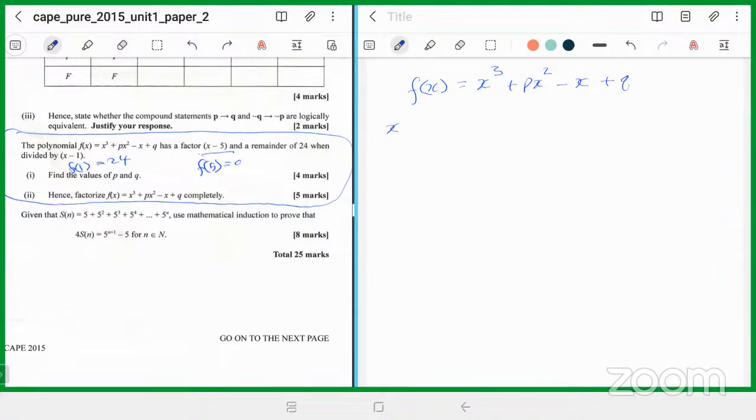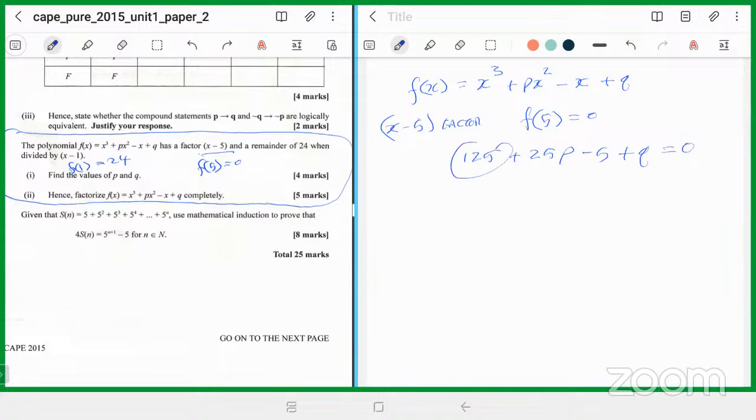So it means that f of 5 equals 0. 5 cubed is 125. 5 squared is 25, so it becomes 25p, minus 5, plus q equals 0.